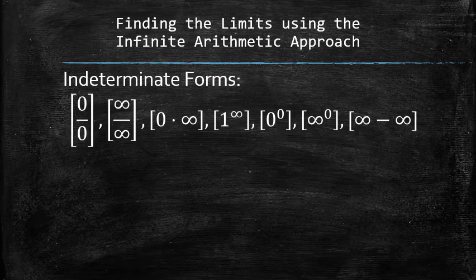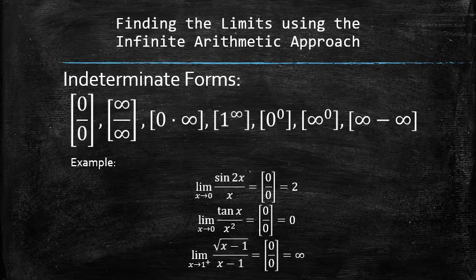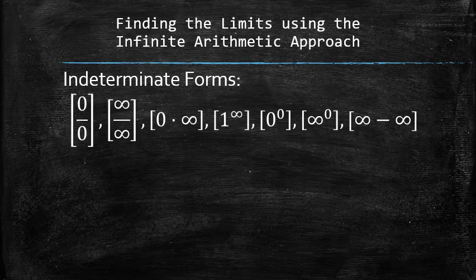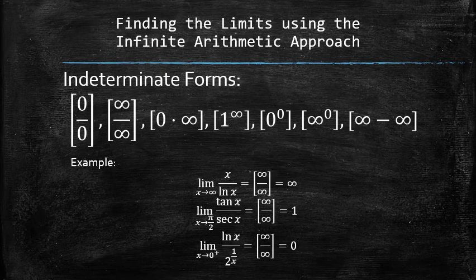Indeterminate form means that different limits with this form may result in different outcomes. For example, all of the following limits have the same form, 0 divided by 0, but have different outcomes. Similarly, all of the following limits have the same form, infinity divided by infinity, but have different outcomes.